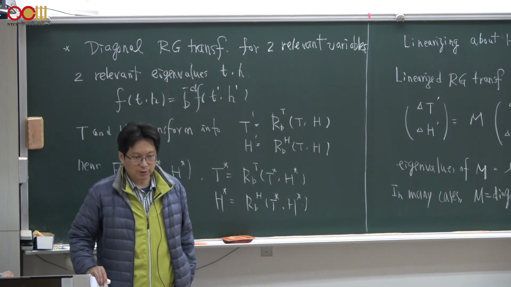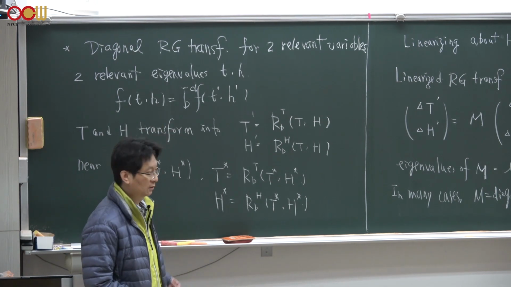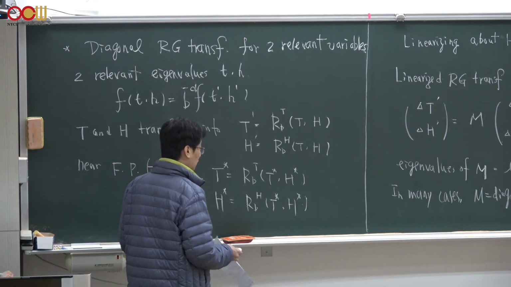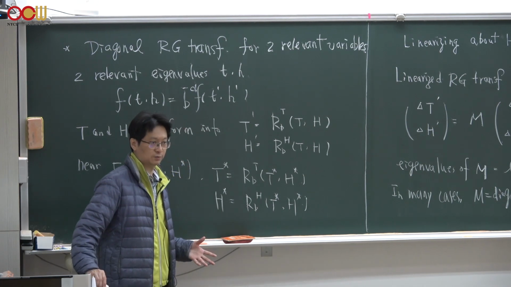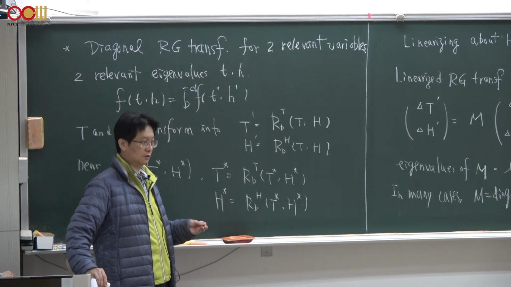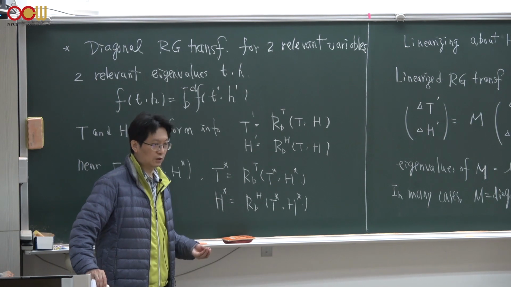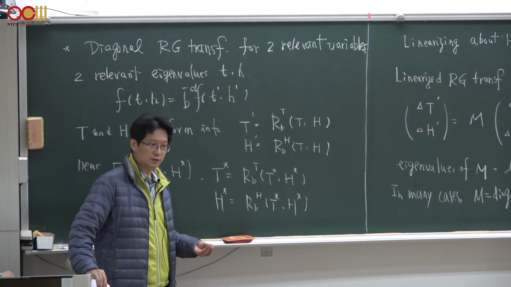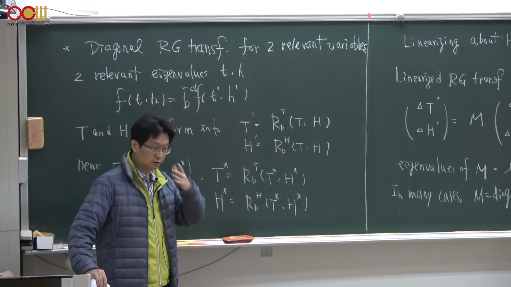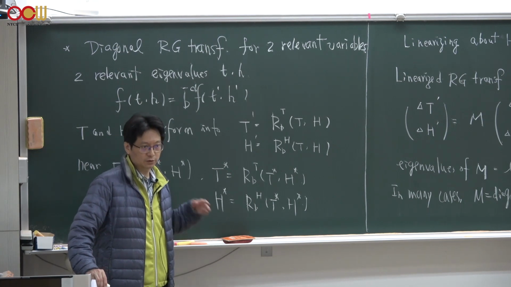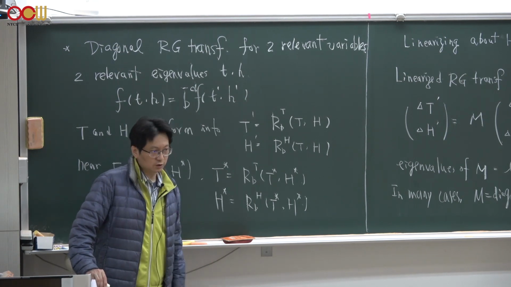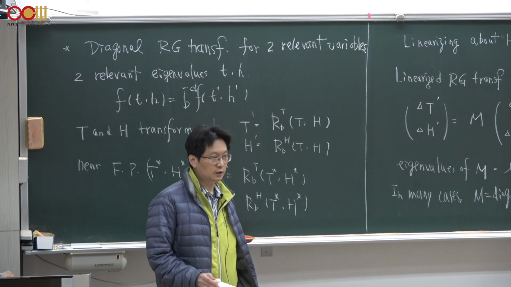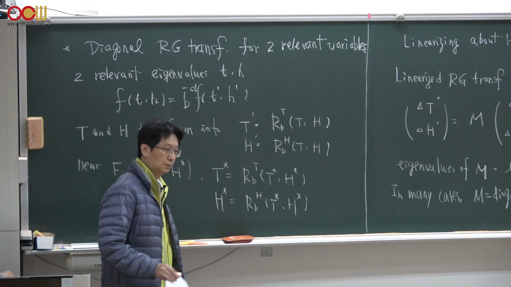But these critical properties can be analyzed by analyzing the RG transformations close to the fixed point, only close to the fixed point. If you are very far away from the fixed point, then this analysis doesn't work. So we need to be very close to the fixed point in order to see the divergent or singular properties of various observables.